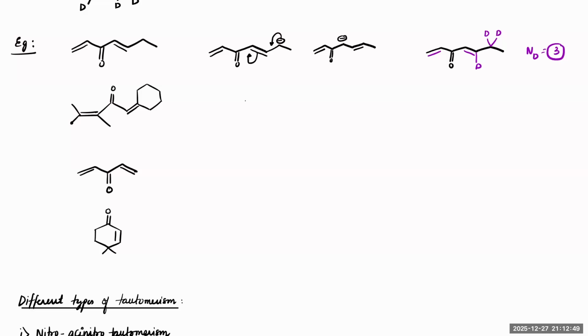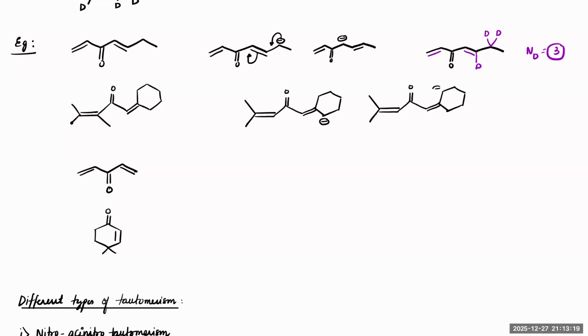Next case, if I put the structure the way it is, double bond, double bond O, like this. So you can see minus charge can come here first. I'm putting all the minus charges from where the tautomerism can be shown. One minus charge can be here.